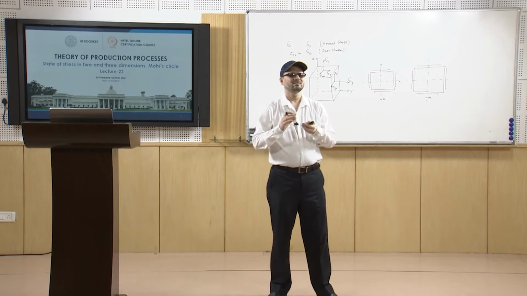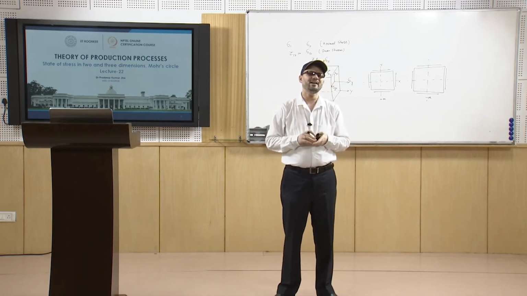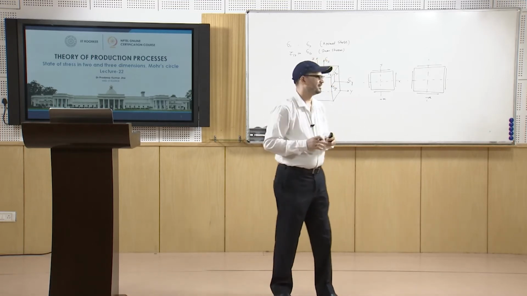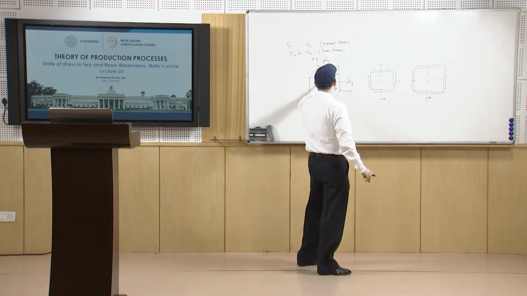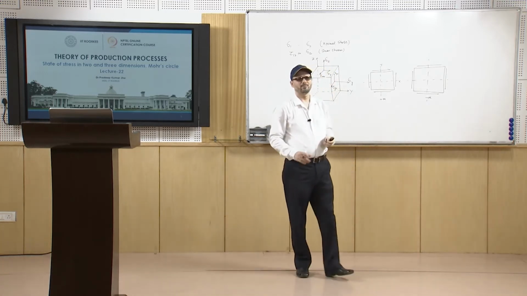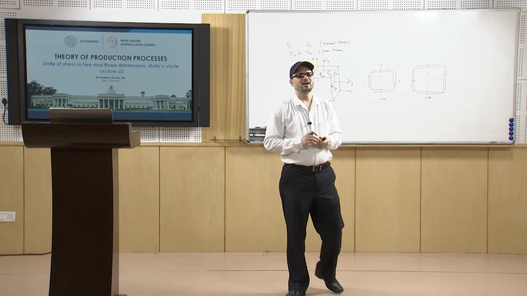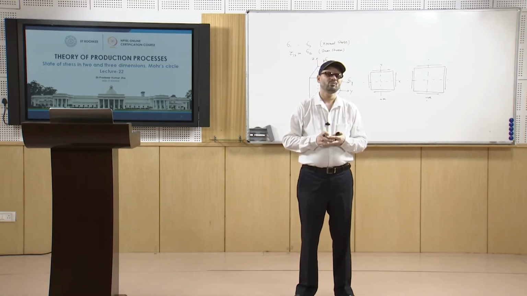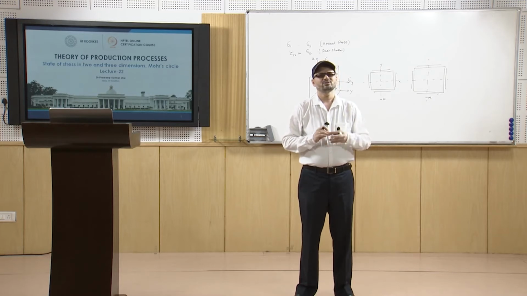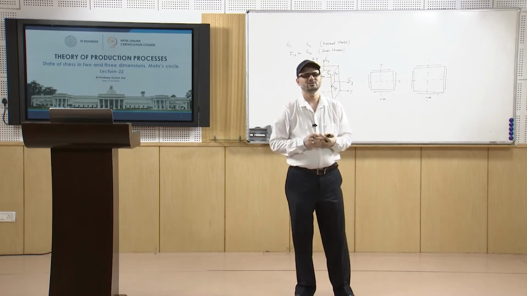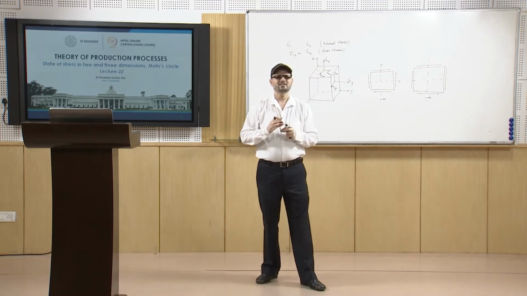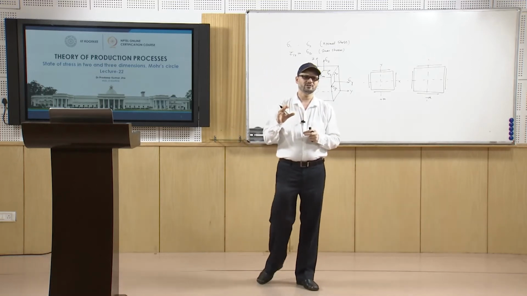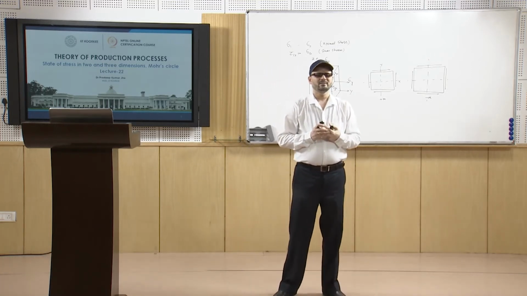So, 9 stress components are required to define the stress at a point, and that is why you call stress a tensor of second order, because as the order is 2 you need 3 raised to the power 2, that is 9 components, to specify the value of stress.